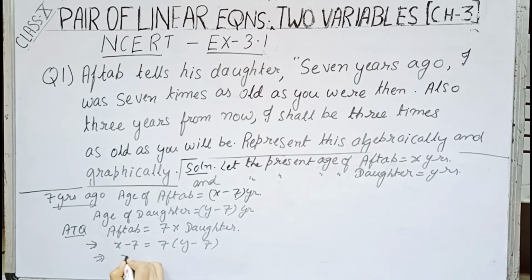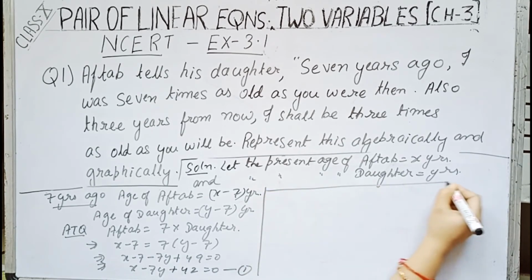This implies x minus 7 minus 7y plus 49 equals 0. This implies x minus 7y, then minus 7 plus 49 is plus 42, equals 0. This is the first linear equation which we have got.